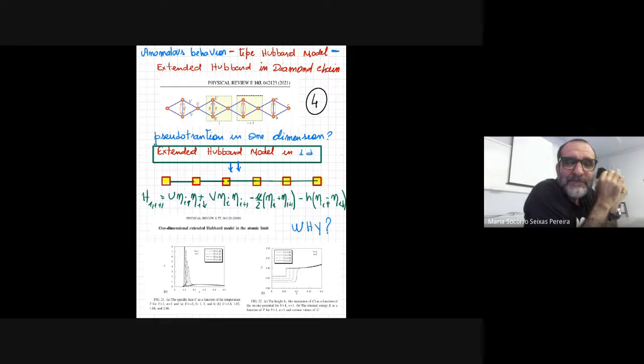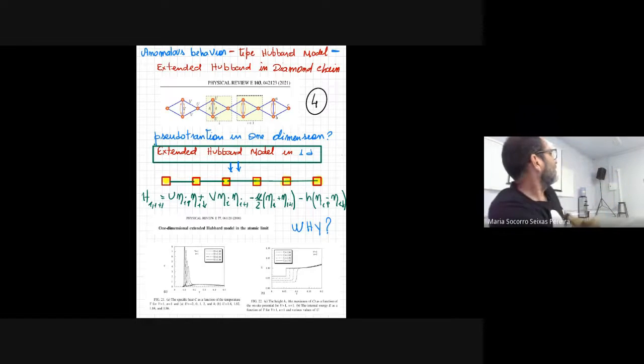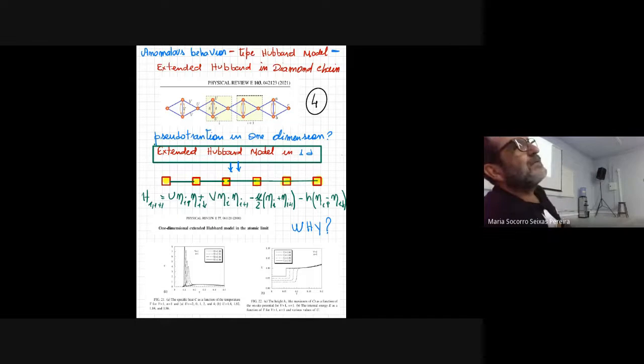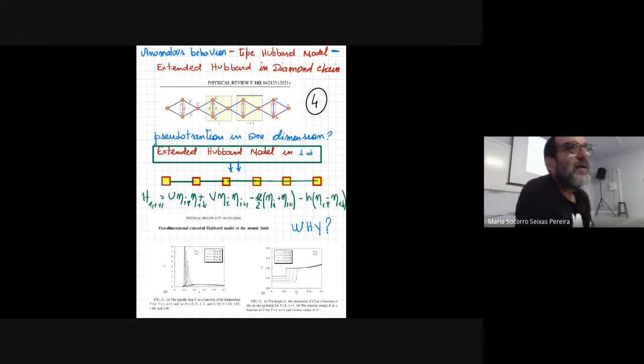If you look at the picture of the specific heat, you see a very high peak. If you see the figure of internal energy, you see a fast jump.